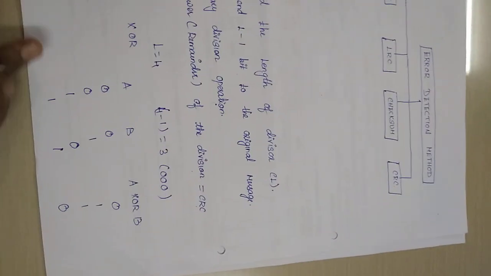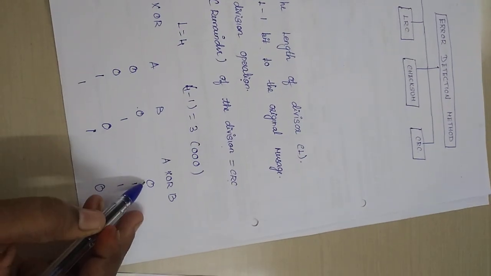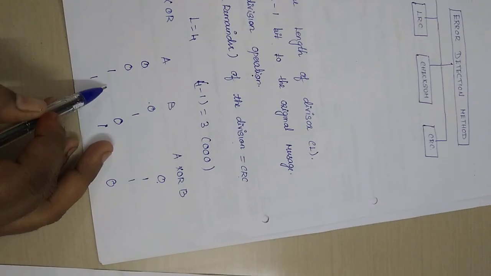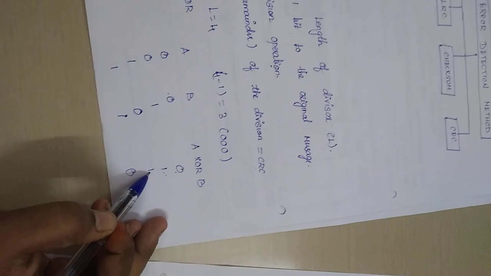For exclusive OR, the same inputs give output 0. If we have different inputs, the XOR output is 1.